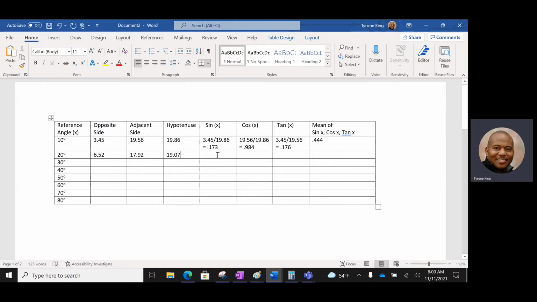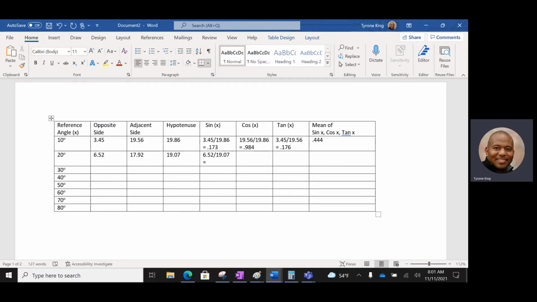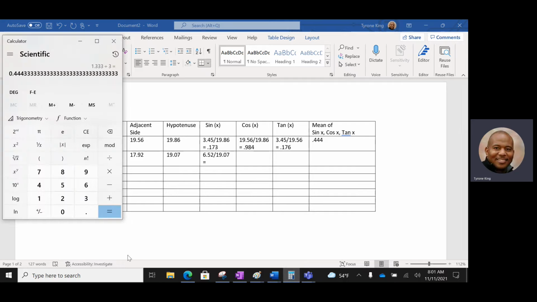Now I find my sine. I know sine is opposite over hypotenuse. So that's 6.52 divided by 19.07. I hit equals, and I will find out what that decimal is. You can either use the decimals calculator, or you can use this calculator.